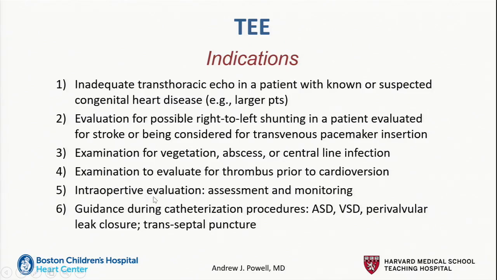You're all familiar, I think, with number 5, intraoperative evaluation to assess the patient and the adequacy of the surgical repair, as well as for hemodynamic monitoring of the patient as they're recovering or during the procedure. And number 6 is guidance during a catheterization procedure, such as ASD or VSD closure or paravalvular leak, and to guide transseptal puncture.